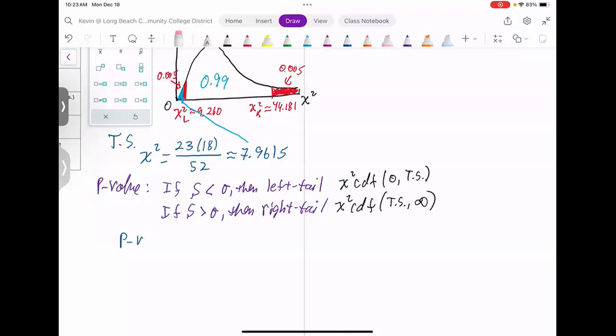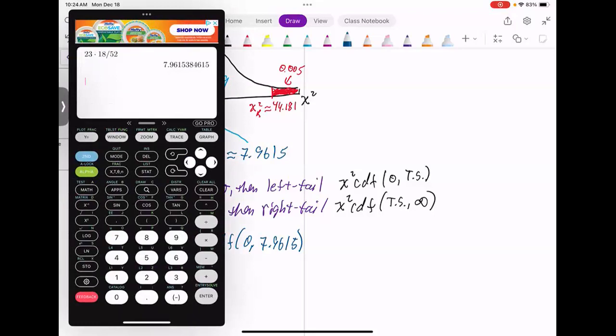So for this one, the p-value, and I'm going to even say that this is actually going to be half of the p-value, is going to be chi-squared CDF from 0 to 7.9615. So to find the full p-value, after I do this, I'm going to have to double that. Chi-squared CDF. This one does start at 0.